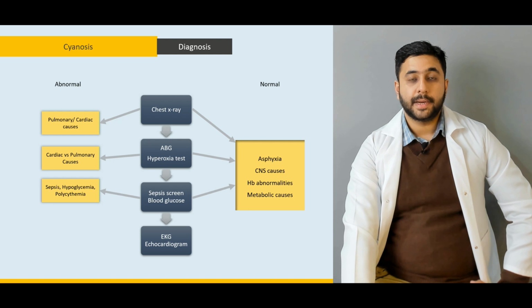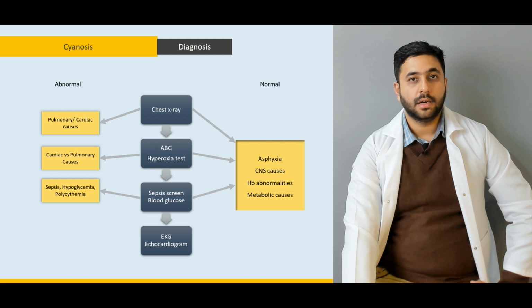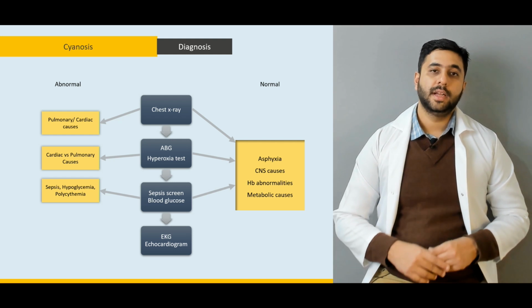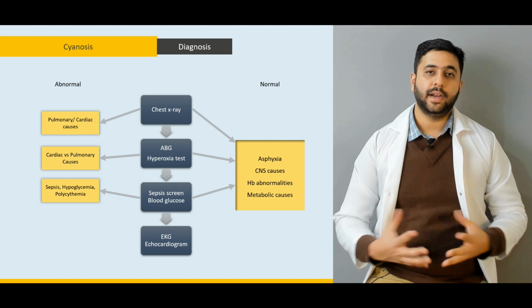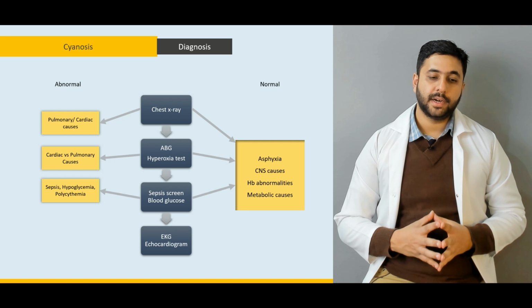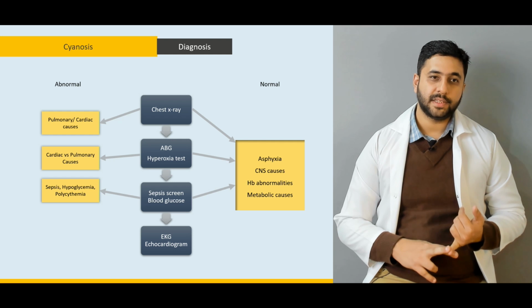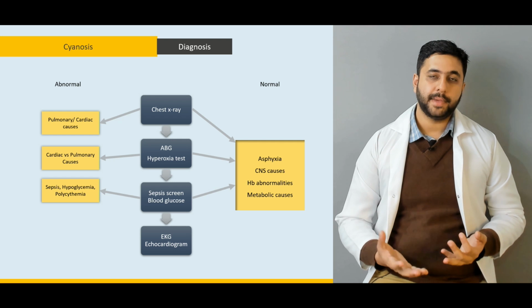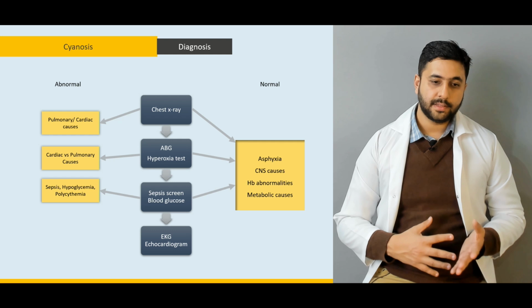If someone is suspected of having an infection, the sepsis screen will give us a good idea of a generalized infection, for example, a pneumonia which goes wrong, eventually starts at the level of the pulmonary system and can generalize into a generalized shock or a sepsis problem. So a sepsis screen or a blood glucose gives us a good indication of whether it is a generalized infection. The blood glucose concentration gives us a good indication of the glycemic control in someone who is diabetic, whether he is hyperglycemic or hypoglycemic.